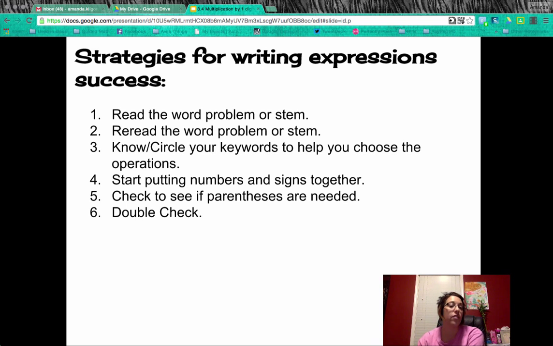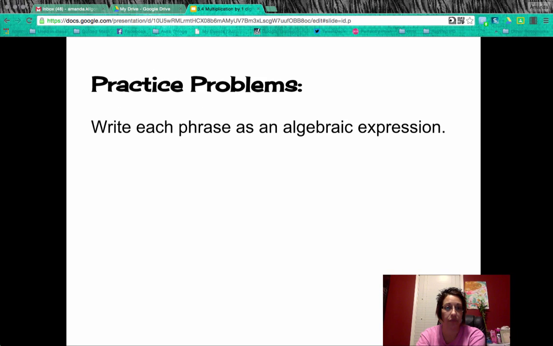Start putting numbers and signs together, and then check to see if parentheses are needed, and double check. In this lesson, we're going to really learn about those parentheses and brackets and how to get those in the expressions. So we're going to pop on over for some practice problems with this skill.